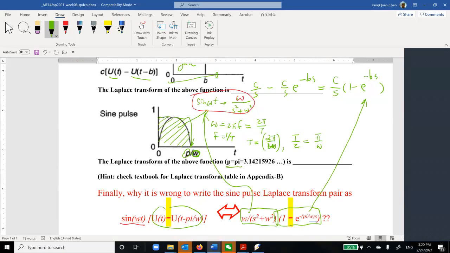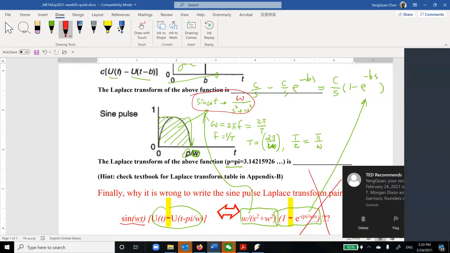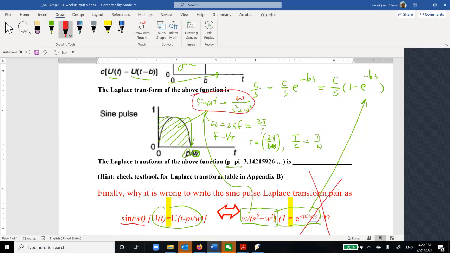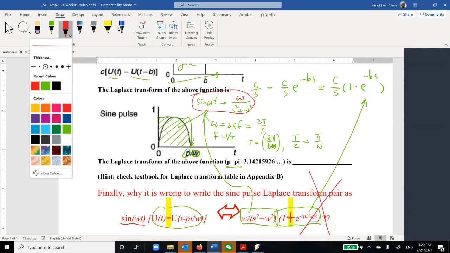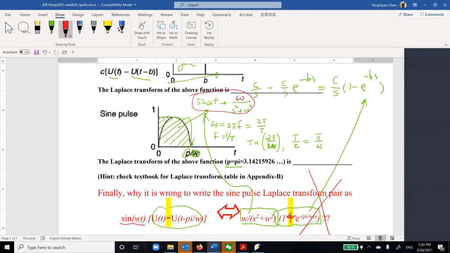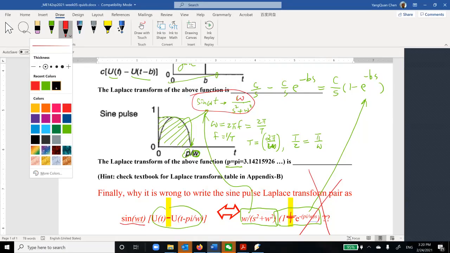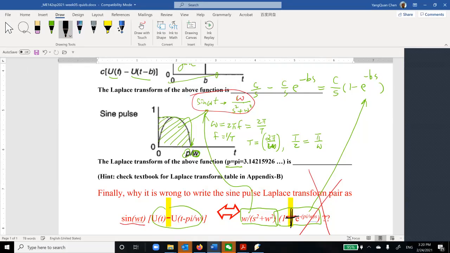So like this one. And unfortunately, this is wrong, okay? So the correct answer is actually plus, sorry. Okay, but why? What happened? What's wrong?